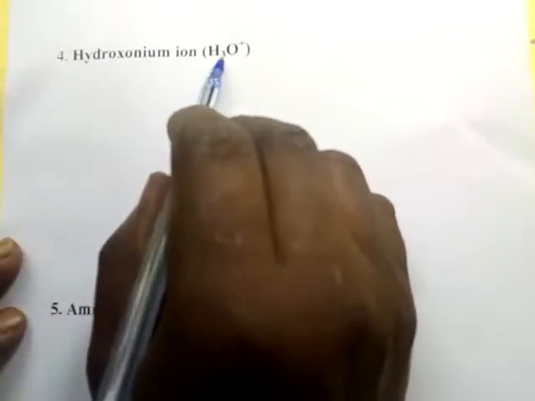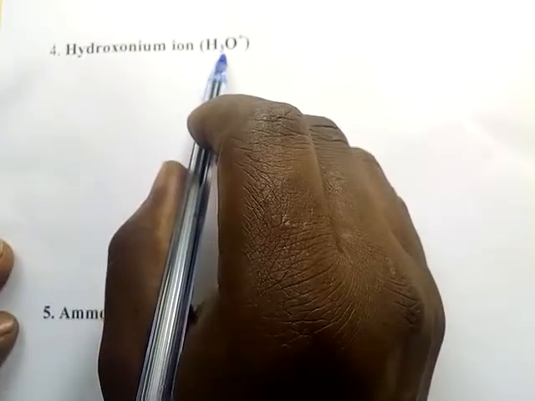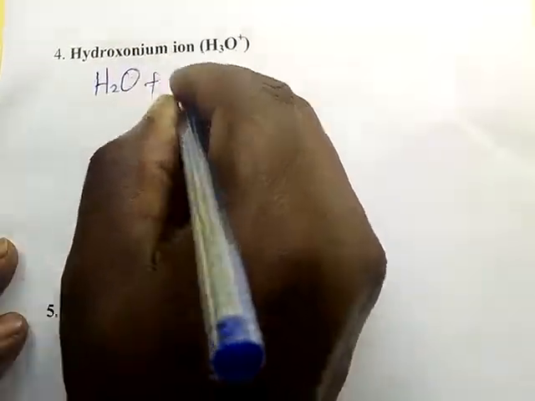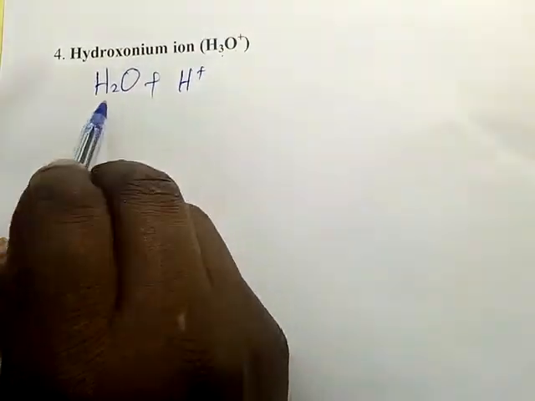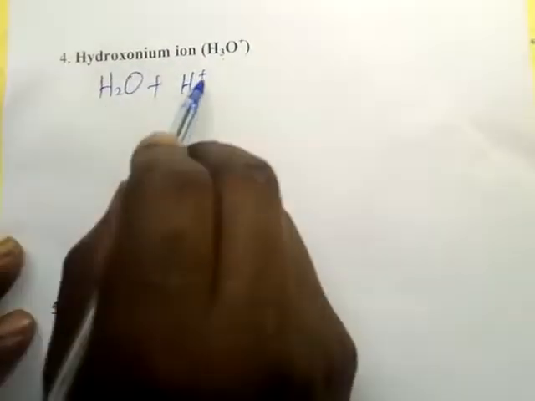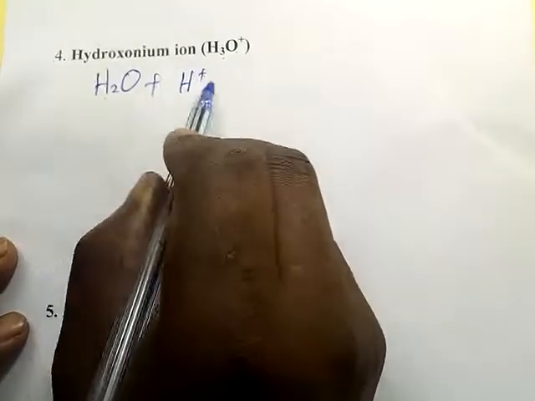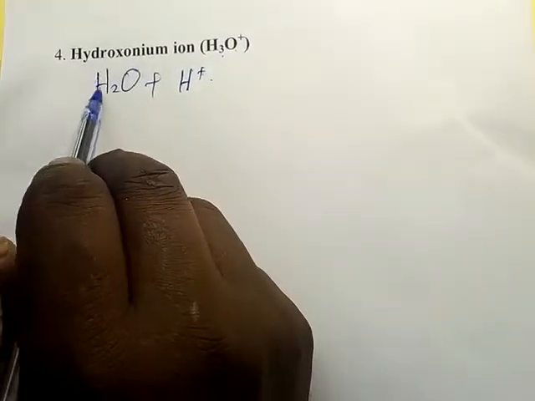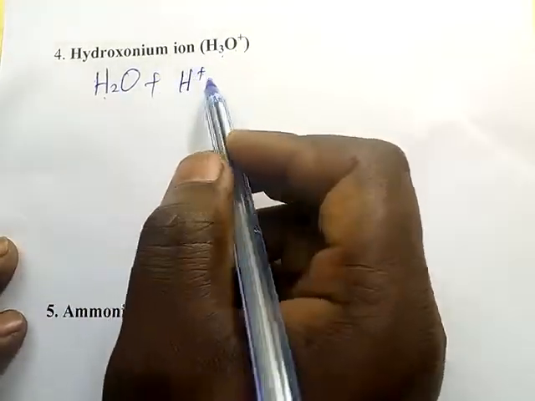Hydroxonium ion. This is how it is. This is water with one hydrogen that is empty. This is simply water plus an empty hydrogen. That is when there are 3, and the positivity means this hydrogen is empty. But the 2 hydrogens in water each have an electron.